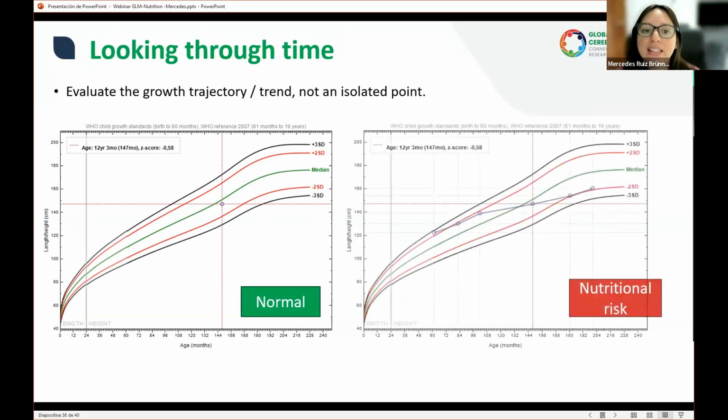But if we see the trajectory, we will see that he is at risk of undernutrition because at this point, he has some flattening and he's changing the z-score values that he usually had. So this is a risk of undernutrition when you change the trajectory. So it's important to measure through time. Usually we say that we should have at least 3 or 4 measurements to really do a nutritional assessment.